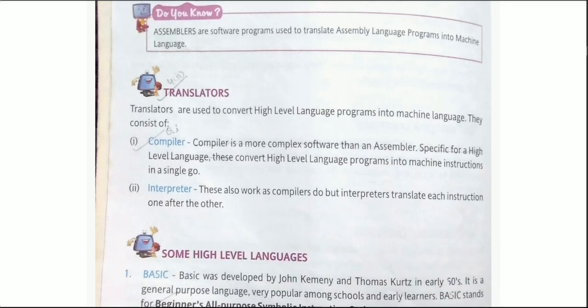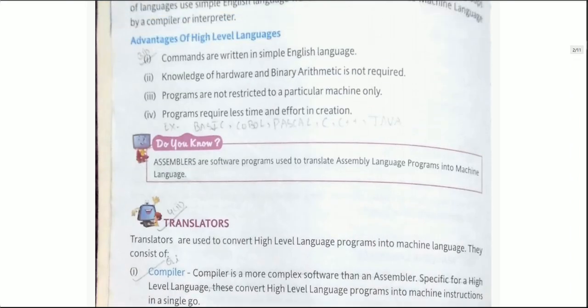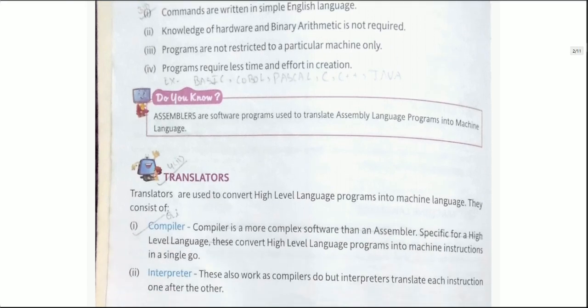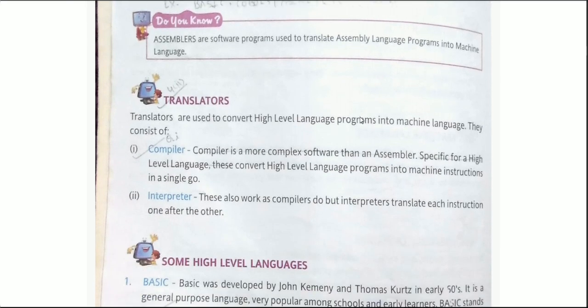Now coming towards translators. Remember, when we were discussing high level language, we studied about compilers or interpreters. Your English language, or you can say your high level language, is converted into machine language by a compiler or an interpreter. Now let us learn what a compiler is and what an interpreter is.